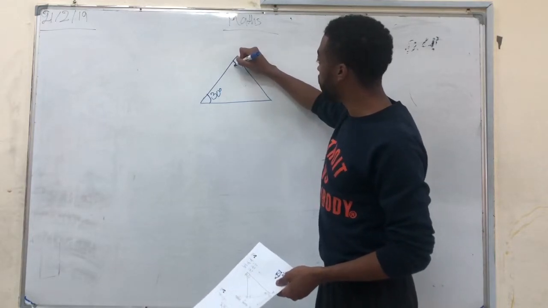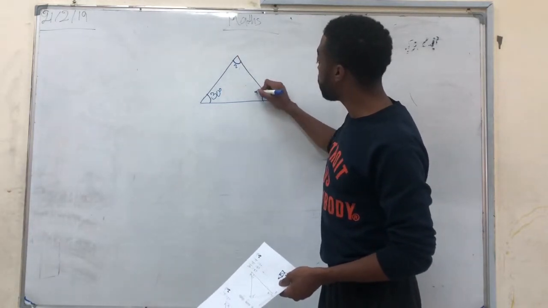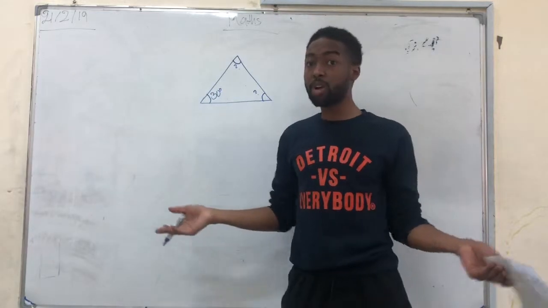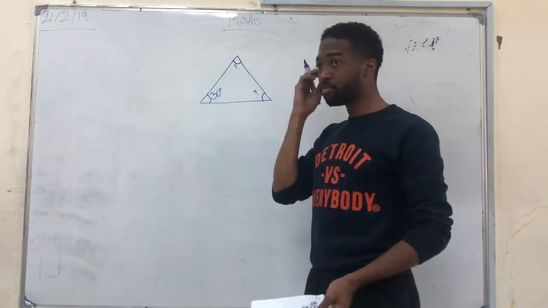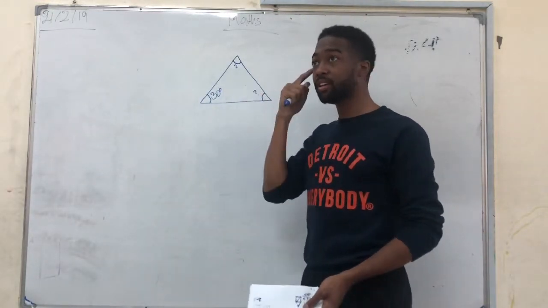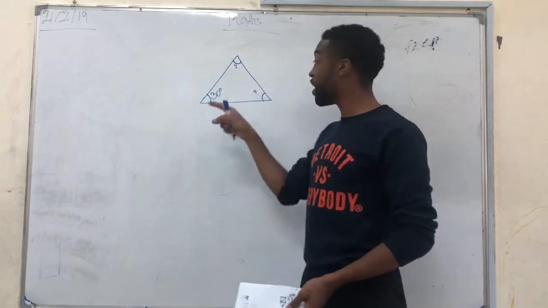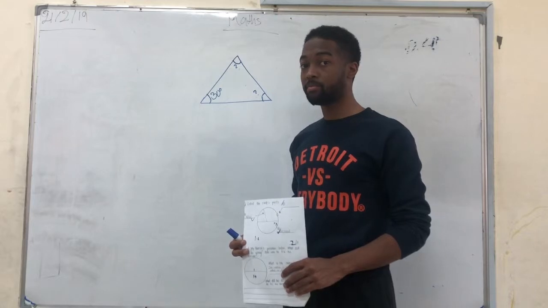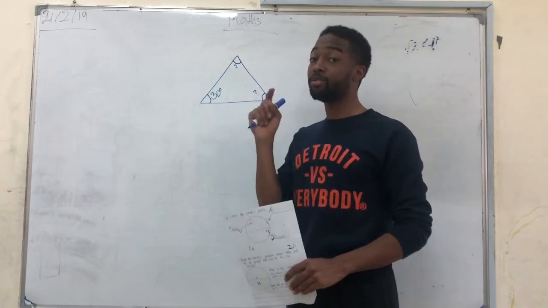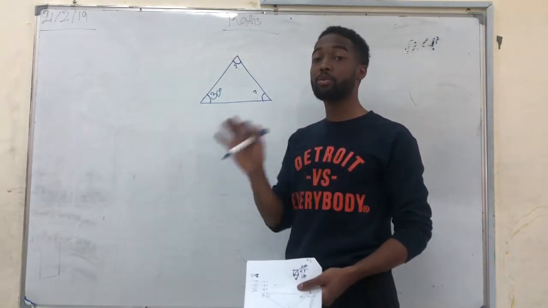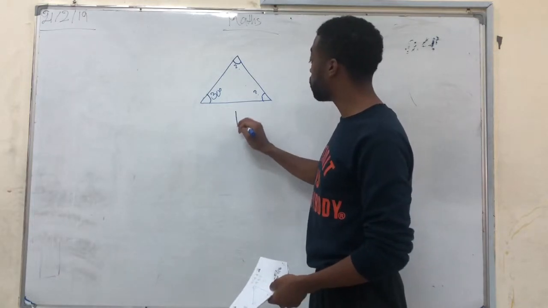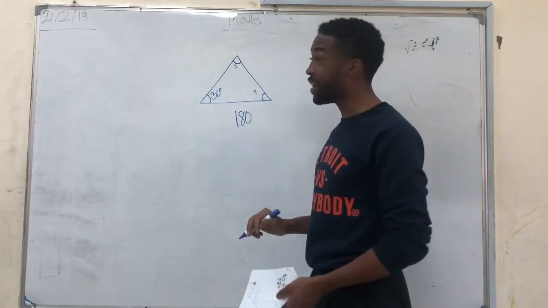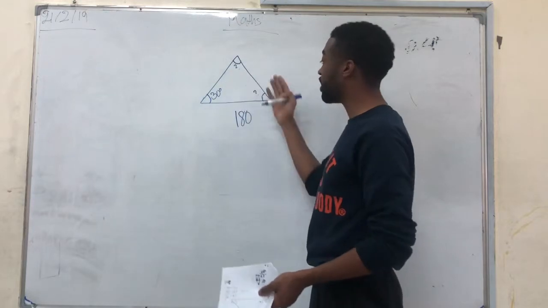But we had to figure out this one, and this one. We don't know what those are. The first thing I have to think is, in a triangle, when I add up all the angles, they equal what? If you said 180 degrees, you are right. So I'm going to start with 180. That's my total. That's all of them added together.